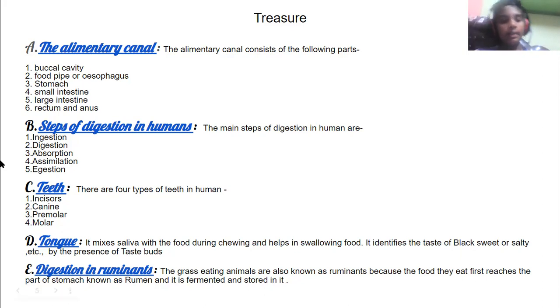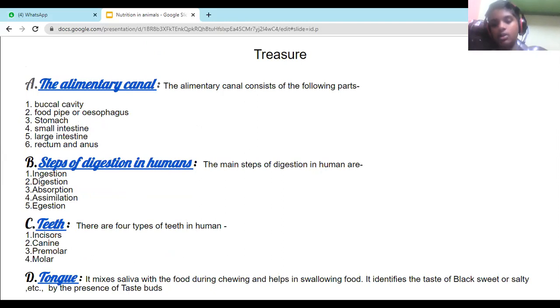Tongue. It mixes saliva with the food during chewing and helps in swallowing food.